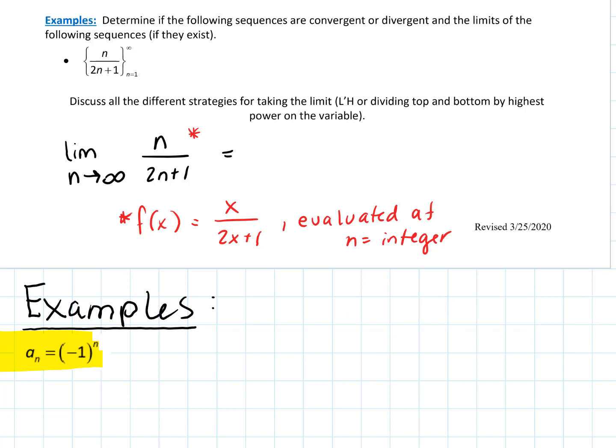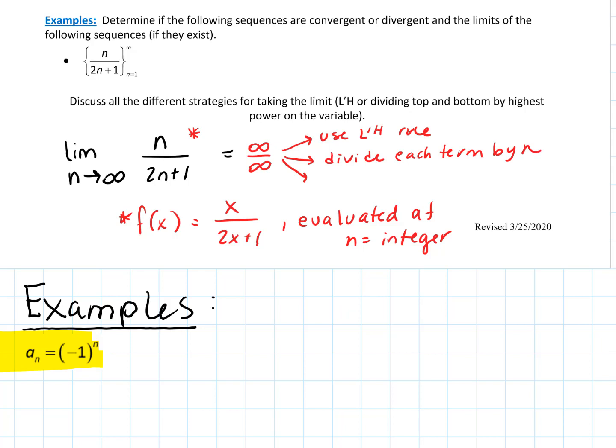As we do this, there's a couple ways we could do it. Of course, this does become infinity over infinity, so we have a couple of choices. We could use L'Hopital's rule. There are some other options that stem way back from the beginning of limit theory in Calc 1. We could also just divide each term by n.